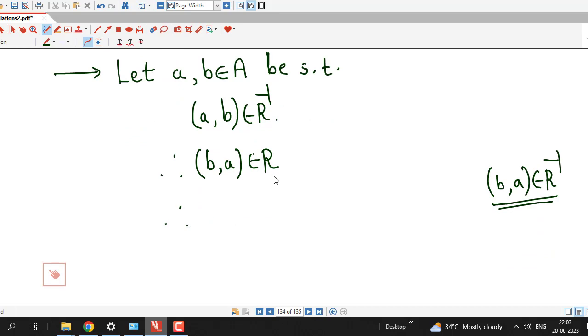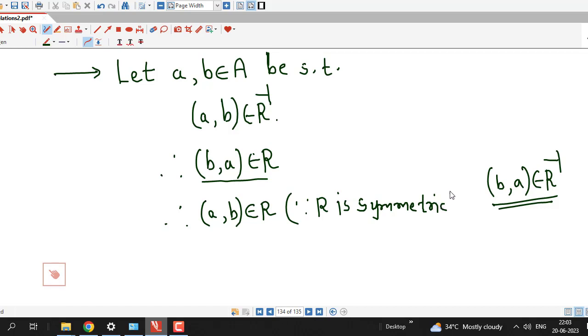But we know that R is an equivalence relation and therefore R is symmetric. So whenever (B, A) belongs to R, we must have (A, B) belongs to R, because relation R is symmetric. Now (A, B) belongs to R implies (B, A) belongs to R inverse by the definition of converse of a relation.